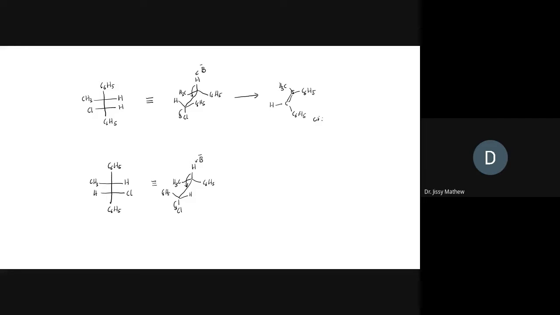So in this case, the cis isomer is formed, and in this elimination, the product formed is, and this is the trans isomer. That means enantiomer 1 gives the cis isomer and enantiomer 2 gives the trans isomer.